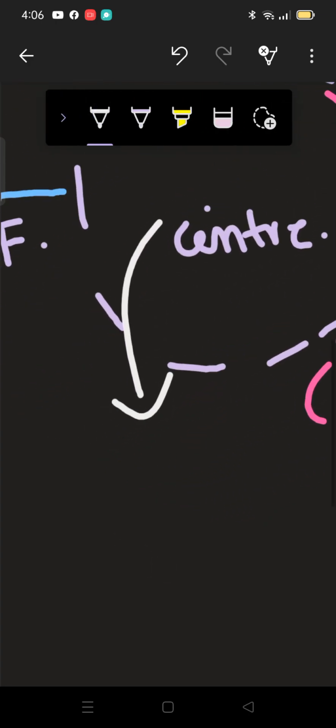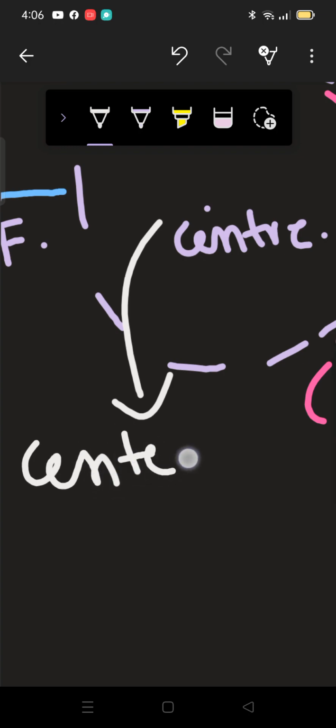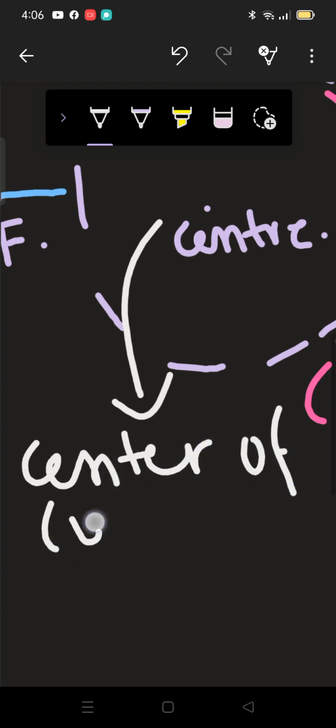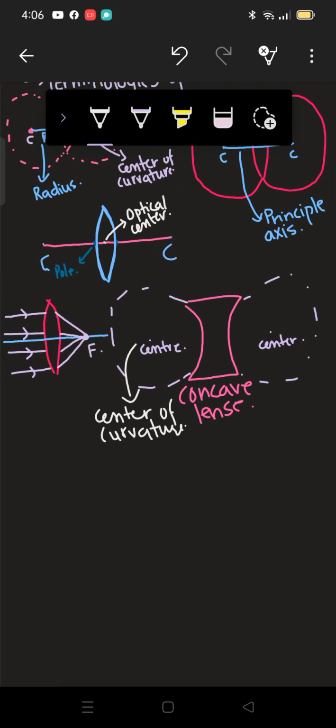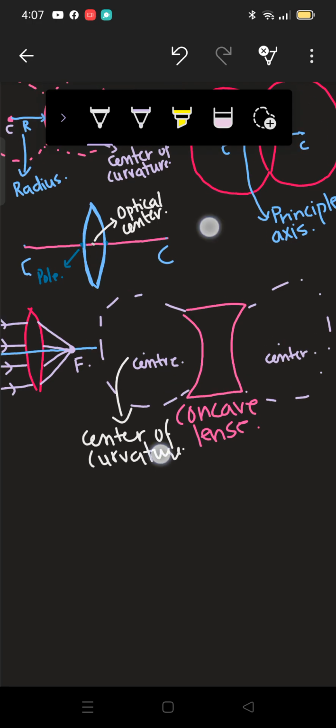So this is the center of curvature. The second terminology we discussed was the radius. The radius is that of the sphere from which the spherical surface of a lens is obtained.